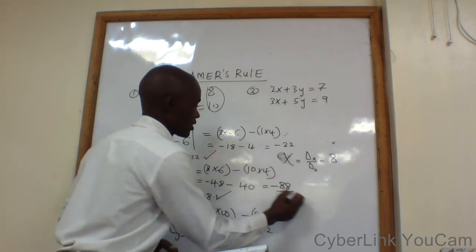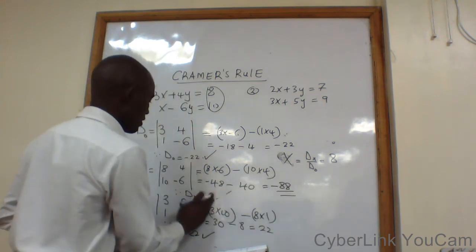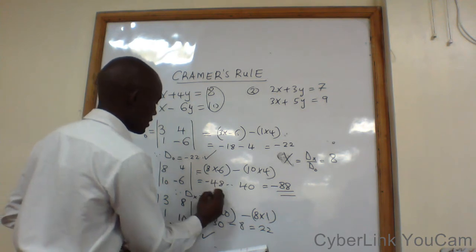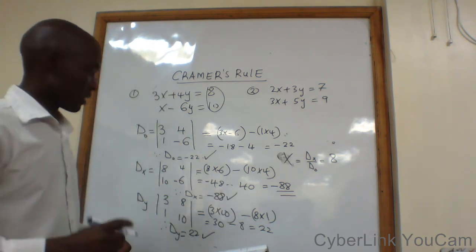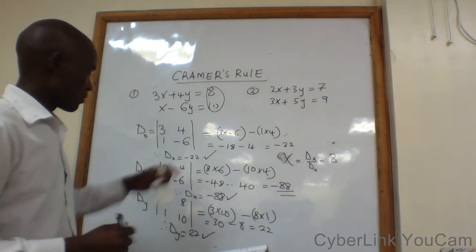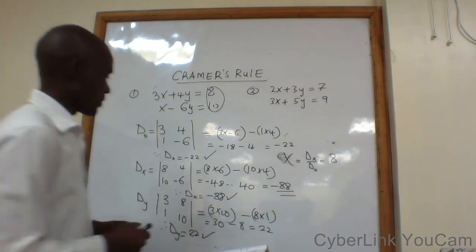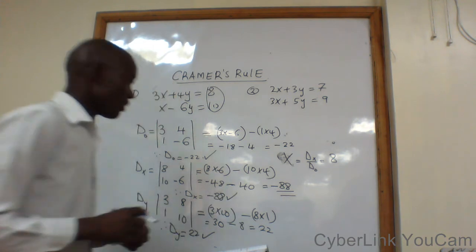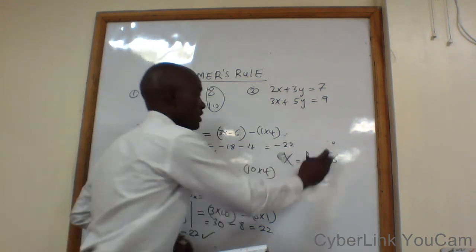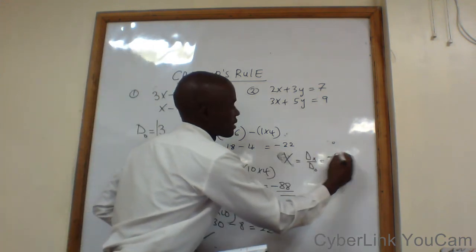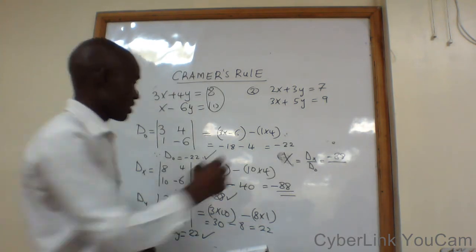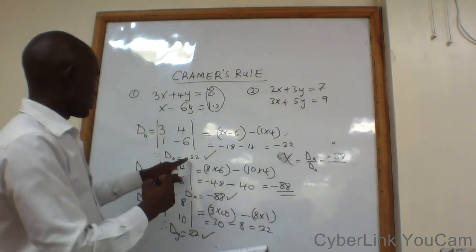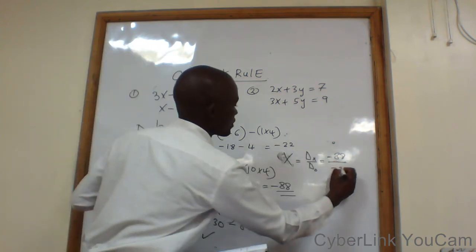So that is a correction that we need to take, so that now our dx is minus 88. It's very important for us to note that mistake that we made as we were fitting in those particular values. So like I said, your dx is minus 88, you divide by d naught. Our d naught is here, which is minus 22.